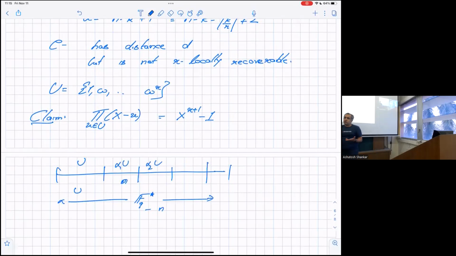So in particular, there must be a linear constraint involving all the elements in this coset. There are R plus 1 elements here. If those R plus 1 satisfy a linear constraint, notice that the Reed-Solomon code does not satisfy this property.